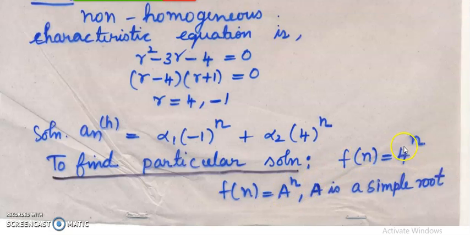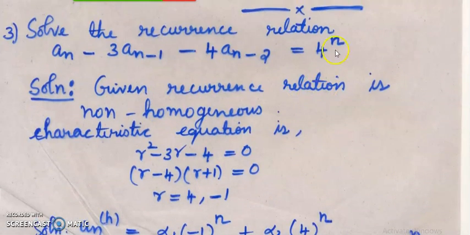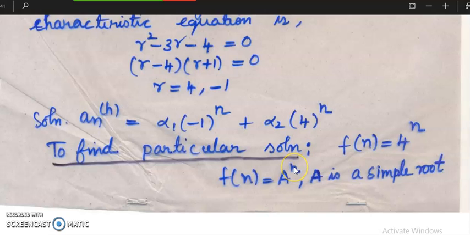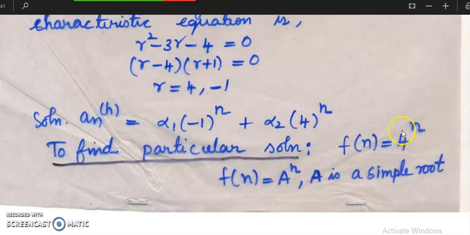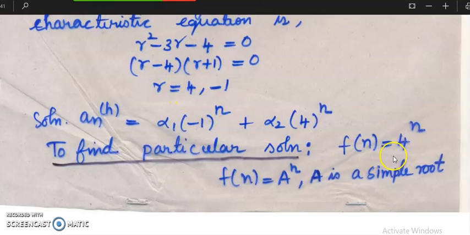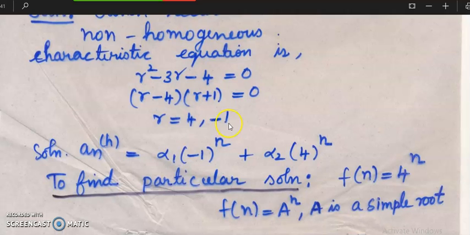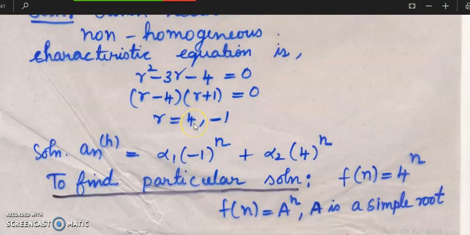What is a in this case? 4 raised to n is the RHS, that is f of n, and it is of the form a raised to n, so a is 4. Whether 4 is a root of the characteristic equation is what we have to verify. Yes, since the roots are 4 and minus 1, 4 is a root. There is no repetition of 4, therefore we call it a simple root.